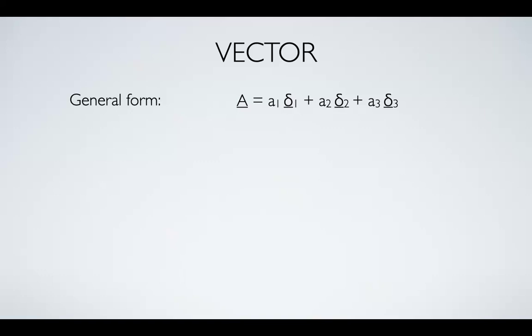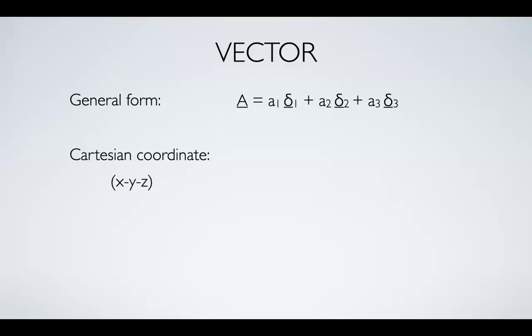If I have a vector A, which is equal to A1 delta 1 plus A2 delta 2 plus A3 delta 3, you can see that delta 1, delta 2, and delta 3 are actually unit vectors for the coordinate system that you select. It can be Cartesian, cylindrical, or spherical.